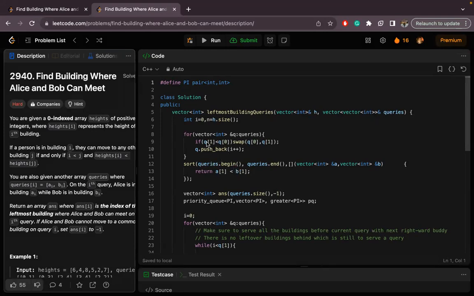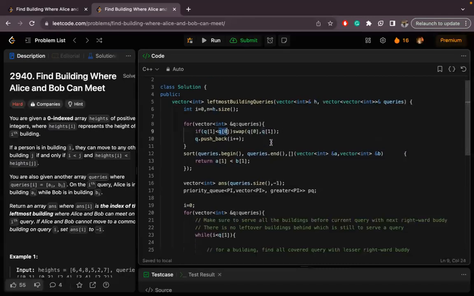Also, for the convenience I have sorted the height of the buildings in which Alice and Bob are residing. So I have made sure that the first of the height is smaller and second of the height is always larger, right? So if first one is larger, then I have swapped it.